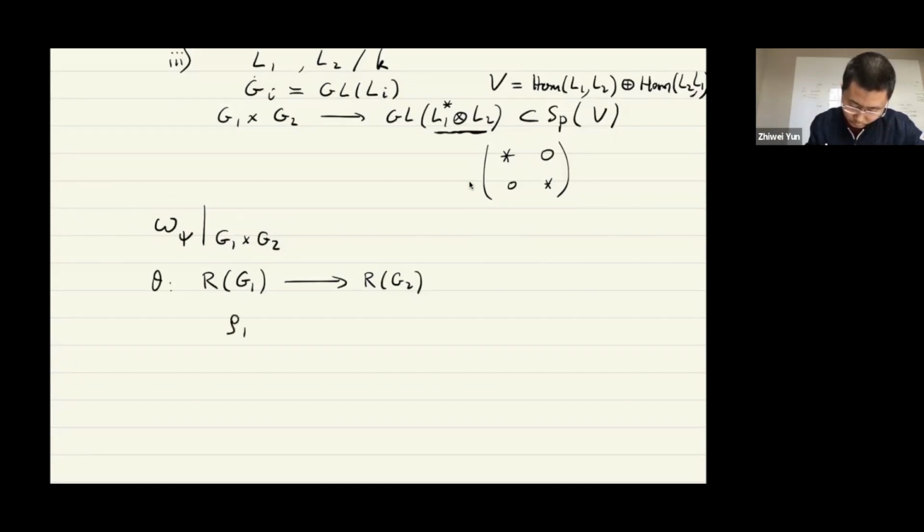Well, if you have an irreducible representation rho of G1, you look at its multiplicity space.